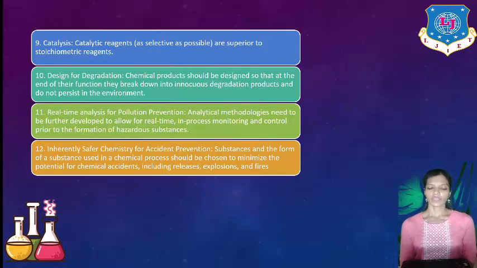Tenth one is design for degradation. Chemical products should be designed so that at the end of their function, they break down into innocuous degradation products and do not persist in the environment, right? Eleventh is real-time analysis for pollution prevention, for which analytical methodologies need to be developed. Twelfth is inherently safer chemistry for accident prevention. So we should prevent explosions, certain releases, energy releases, etc.